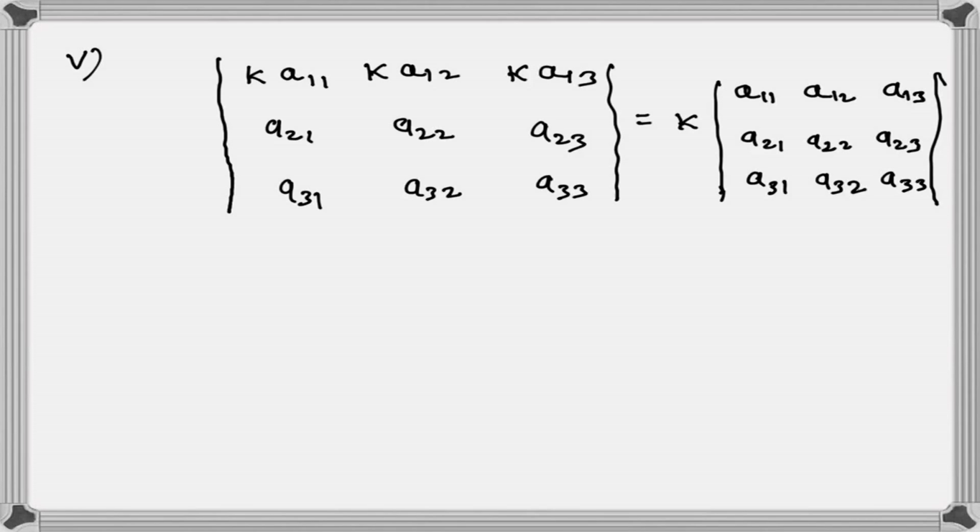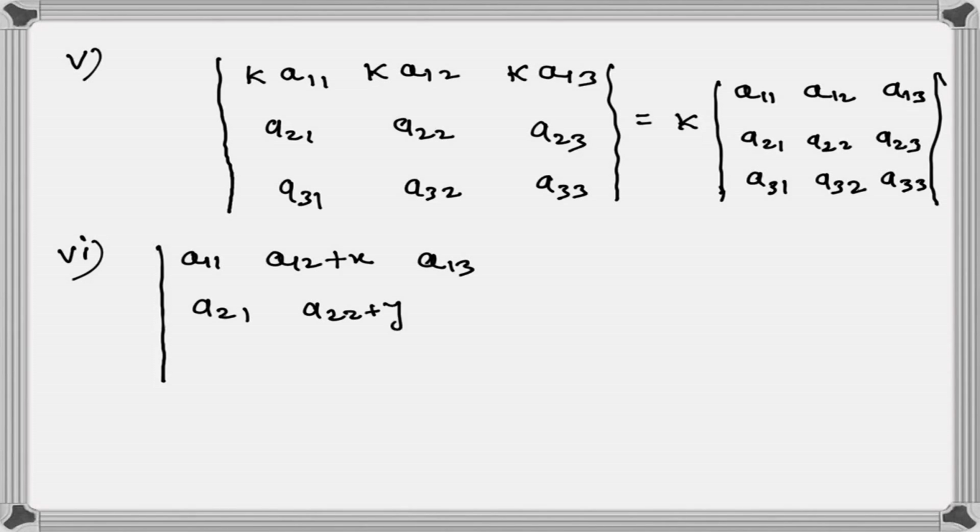So the sixth property, suppose we have the following determinant: a11, a12 plus x, a13, a21, a22 plus y, a23, a31, a32 plus z, and a33.